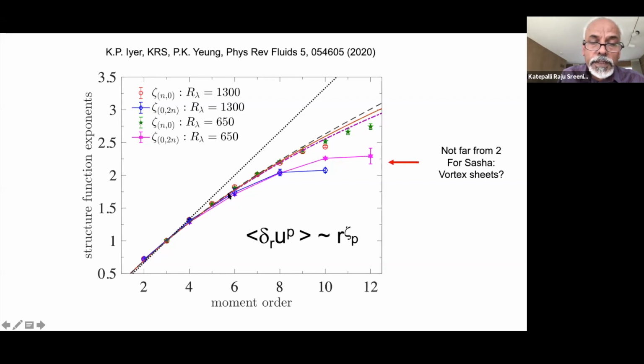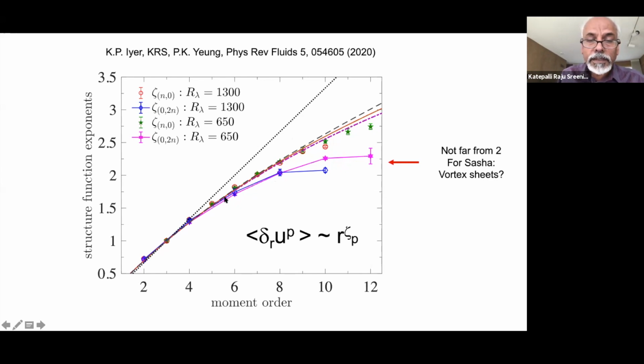And these are the data that are known from previous measurements, including ours, for the so-called longitudinal structure functions, which deviate from Kolmogorov, but they do not show any signs of saturation. And these lines are various models about which I do not want to dwell.